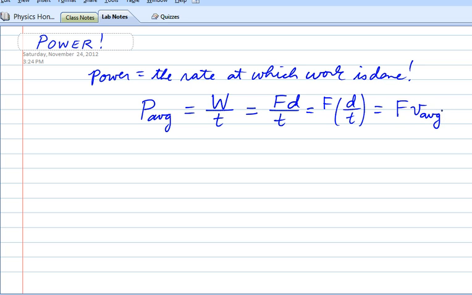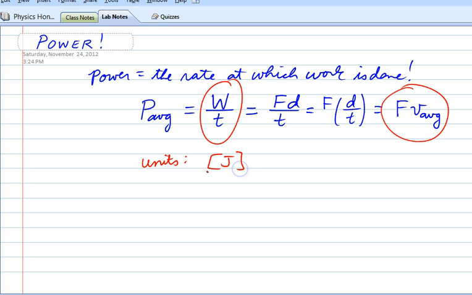So the two main equations we're going to be using for power are work over time, or force times average speed. The units of power are going to be units of work, which are joules, divided by units of time, or seconds, and that's defined as the watt.